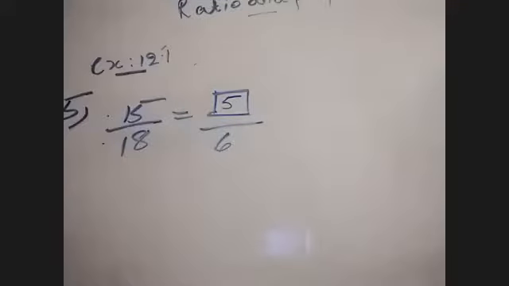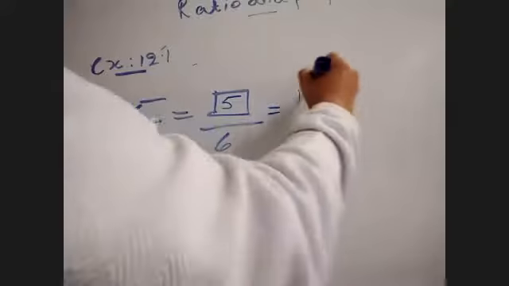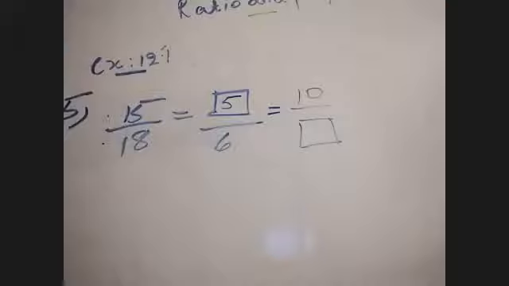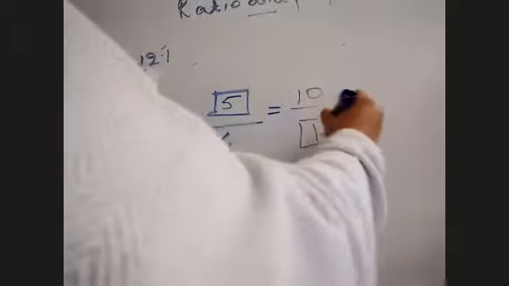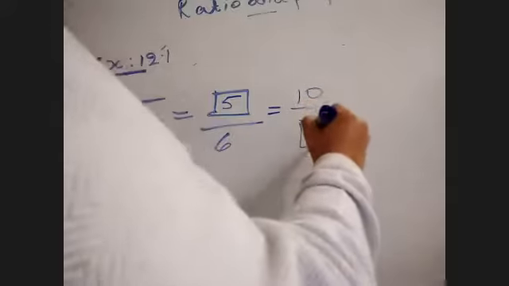Next, 10 by dash. Here we can do 5 into 2 equals 10 and 6 into 2 which is 12. So over here our answer is 12.